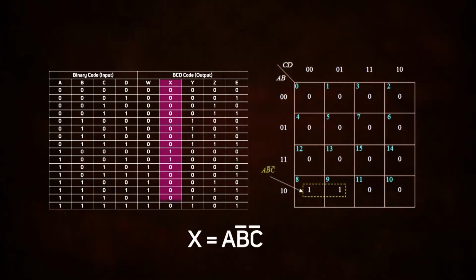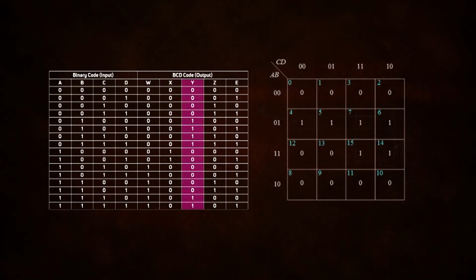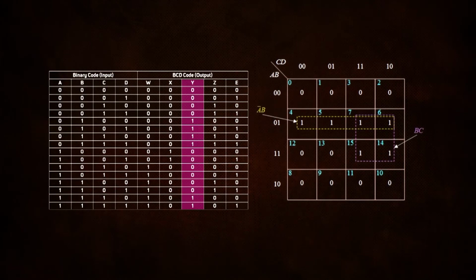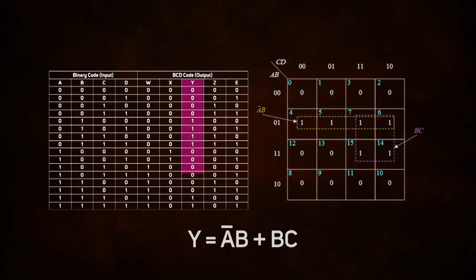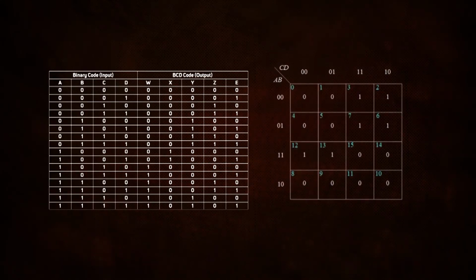Now, consider the next output column Y. Let us draw the K-map for Y. Here we have two quads. Hence, the output Y can be represented as Y equal to A complement B plus BC. Similarly, we can draw the K-map for output Z. Consider the column of Z from the truth table.